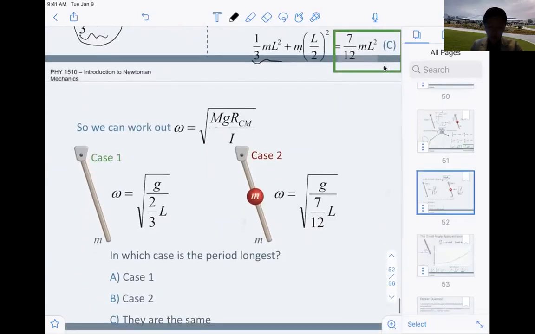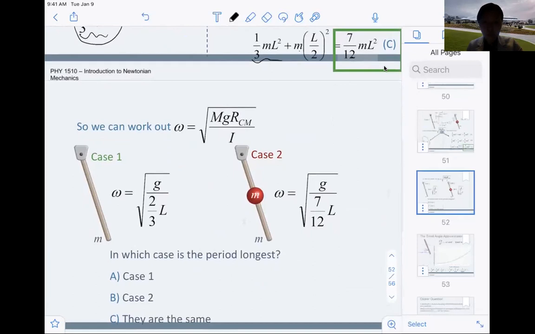Given that, you can plug in these specific numbers into your equation for a physical pendulum for omega. So omega in case one is the square root of g over 2/3 L. And in case two, the omega is the square root of g divided by 7/12 times L.